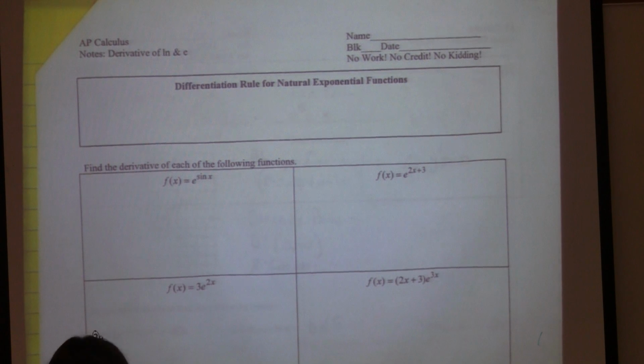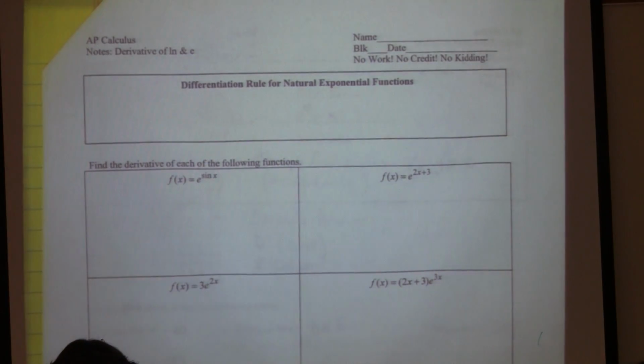Alright, so let's look at the rule for derivatives of natural exponential functions. You ready? Alright, let me borrow those really quick, just to make sure we do it the same way, we don't get confused. So the general rule for the derivative of e to the x, it's really simple.